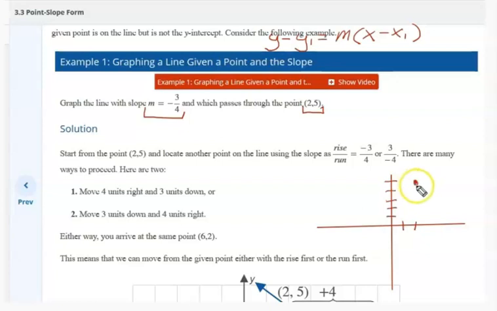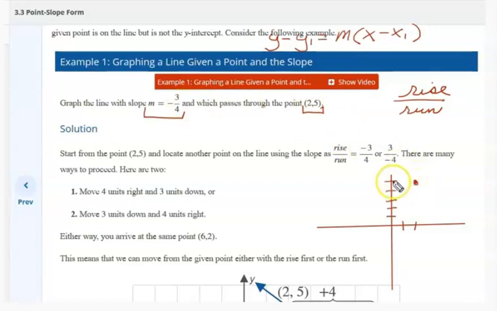Now, from this point, we know we have a slope of negative 3/4. So, again, keeping in mind rise over run is our slope, and it's negative, so we're going to go over 4.